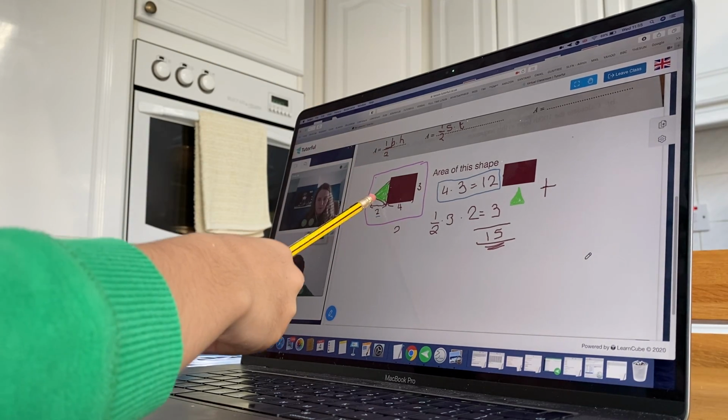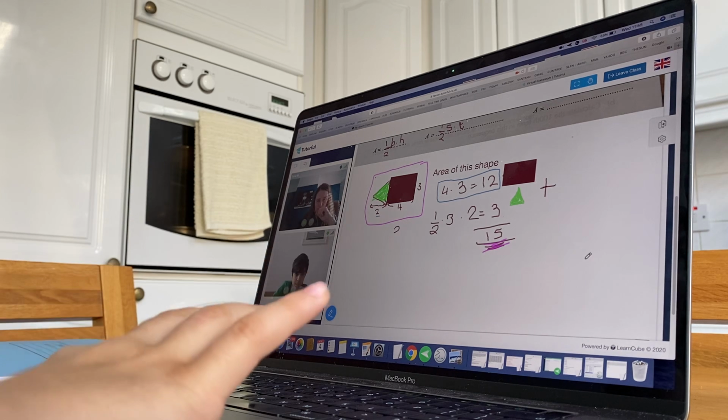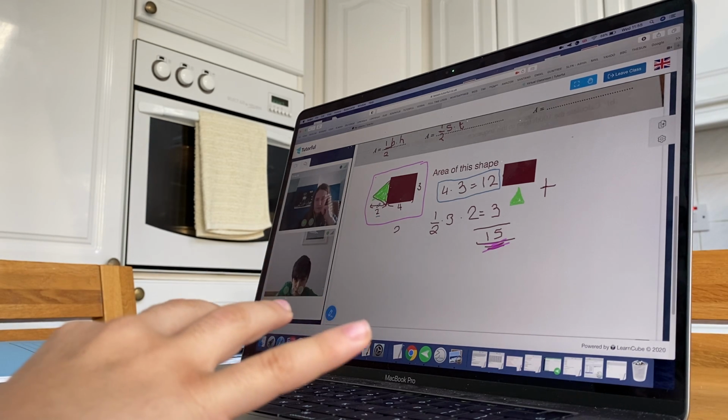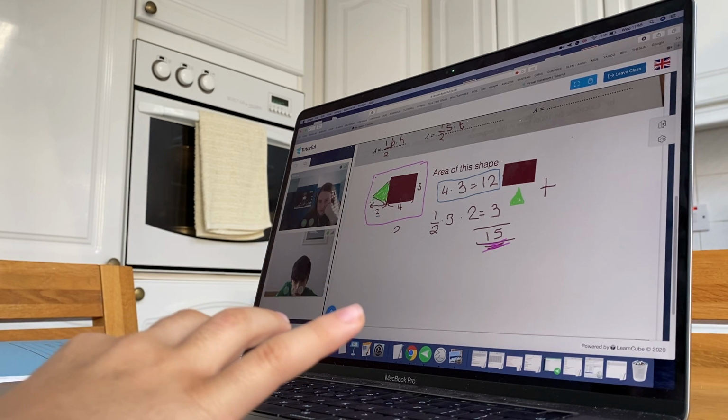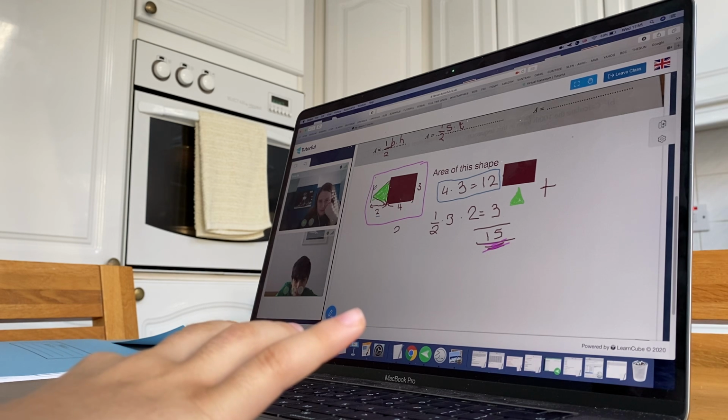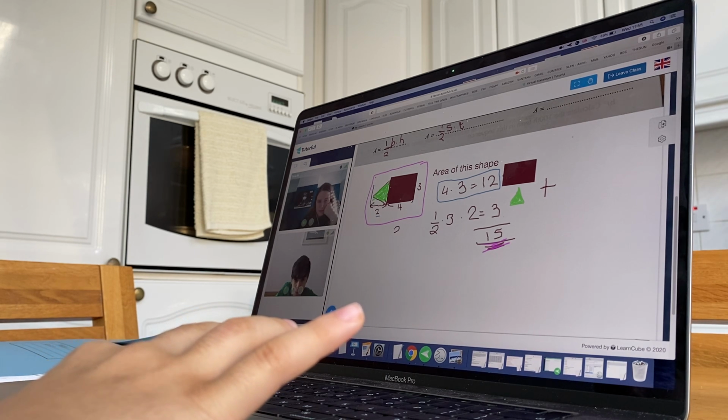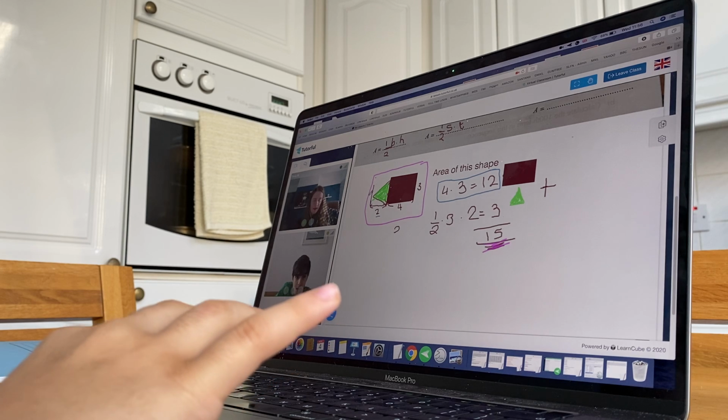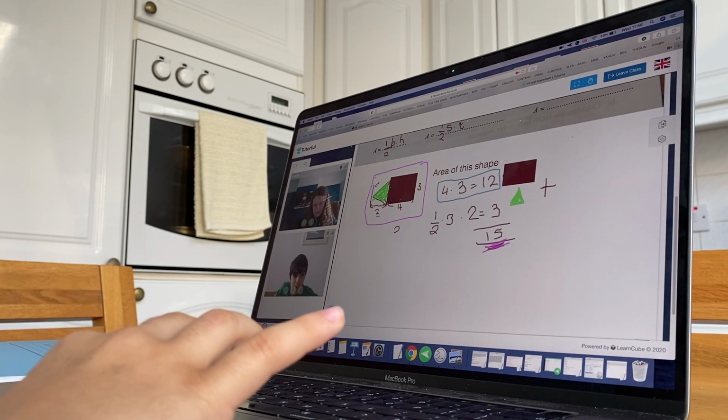It was going to be 3 because look, let me put a line. You see that? That's the half over here. And if you make it into a whole, it would be a 3.